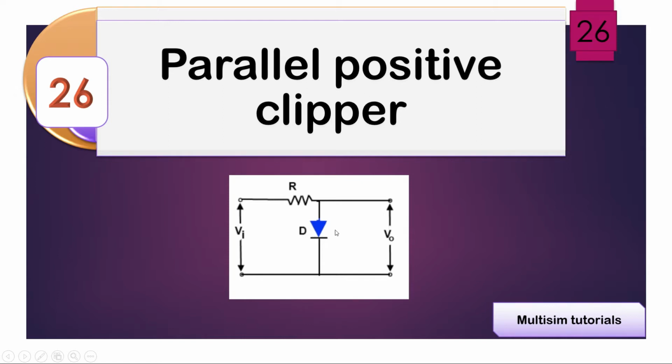If you take the output from the resistor, which is connected in series with the diode, as we have seen in the past 5 lectures, we call that a series clipper circuit. In this case, we are taking the output from across the diode, which is connected parallel to the output. Hence, it is called a parallel clipper circuit.